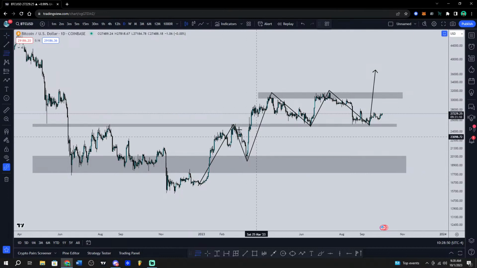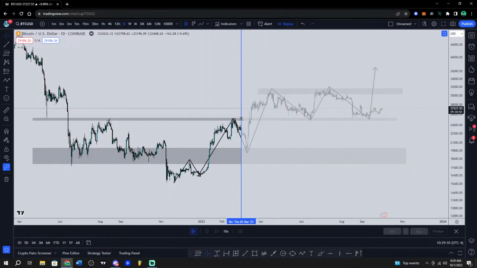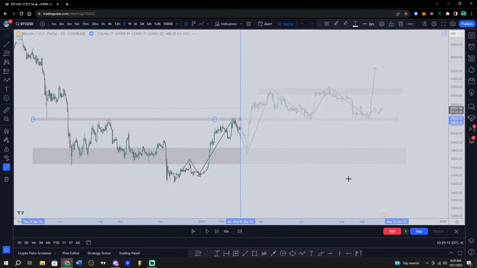Now, what we are looking for, let's just say we decided this was a low, right? When I first drew this on here, I said this was a low, okay? We're going to take our Fibonacci tool, and let me put on replay because this just makes it so much easier to see.